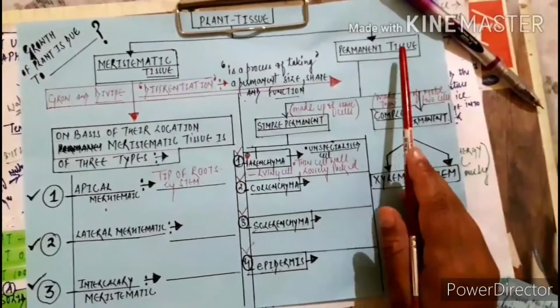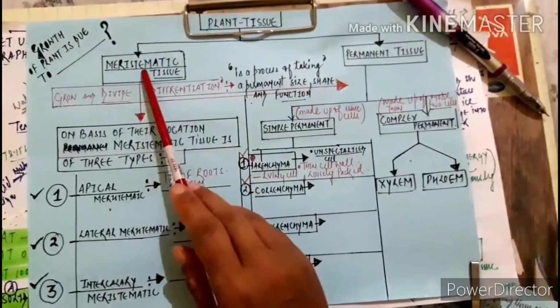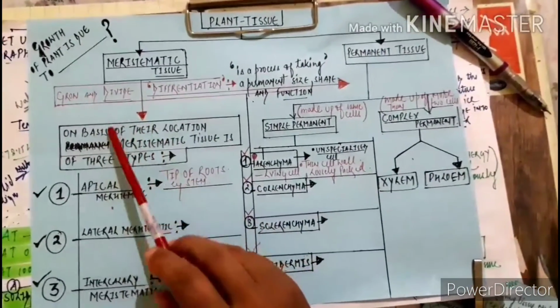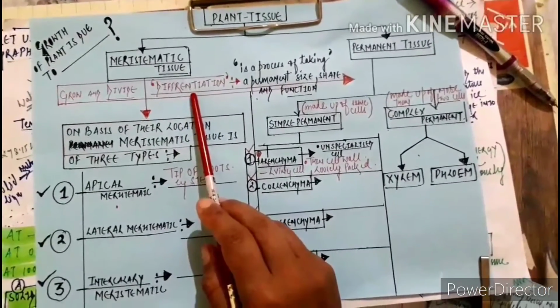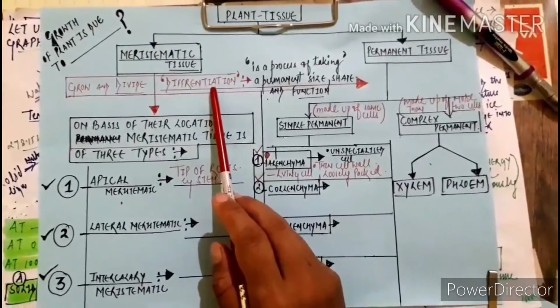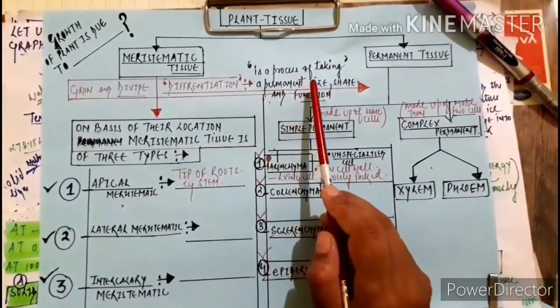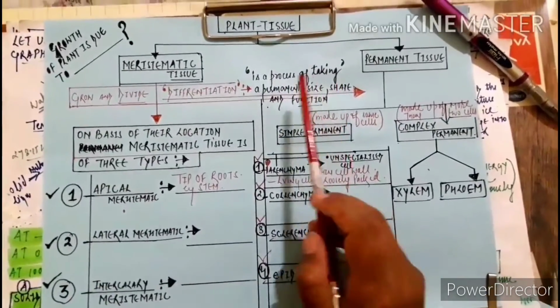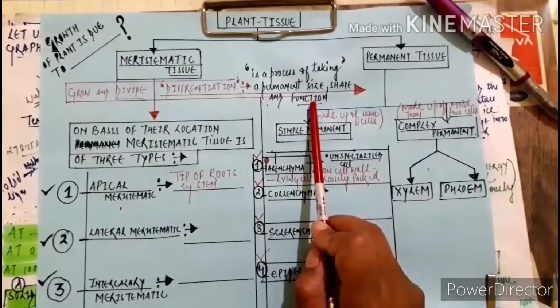Permanent tissue is the other category of plant tissue. When meristematic tissue grows and divides, it undergoes differentiation. Now what is differentiation? The term differentiation means the process of taking a permanent size, a permanent shape and a permanent function.